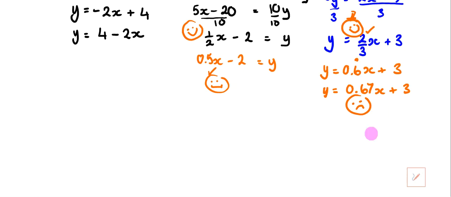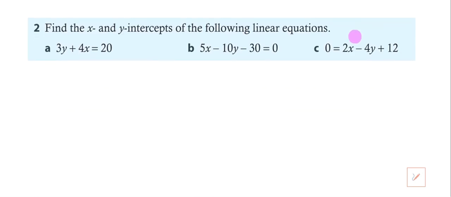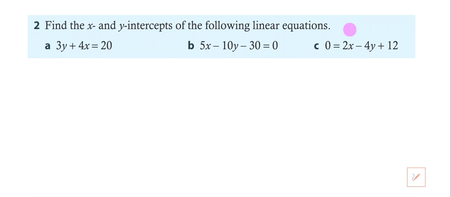Good. Alright, let's have a look at the next thing, which is find the x and y intercepts. So, what do we know about the x-intercept, Sammy?